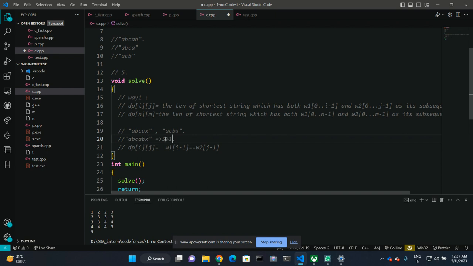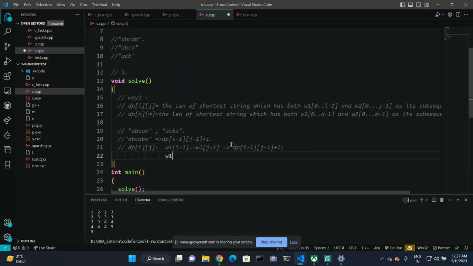So for this case, DP[i-1][j-1] plus one.